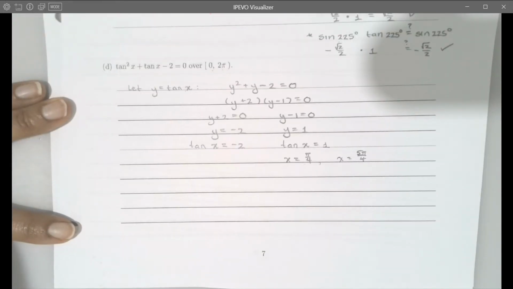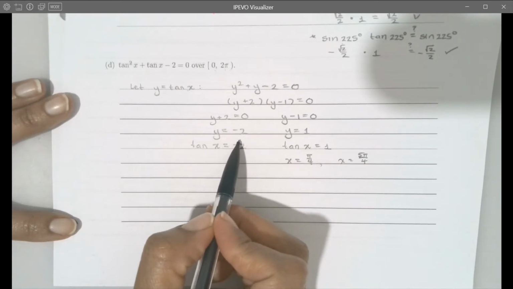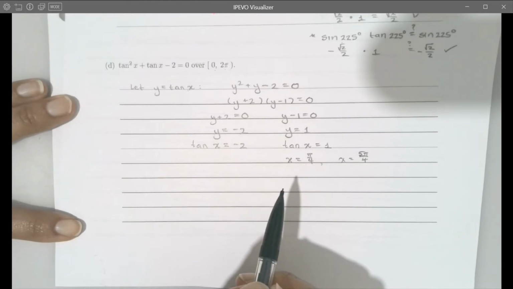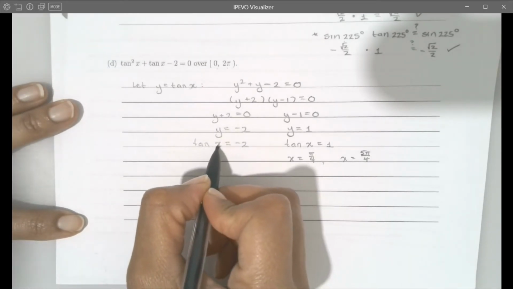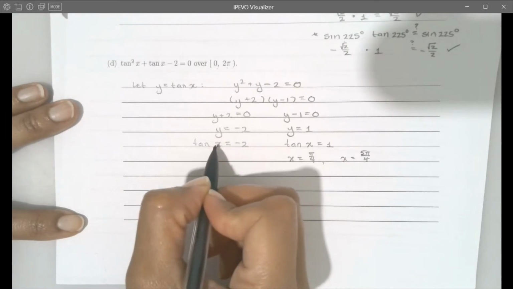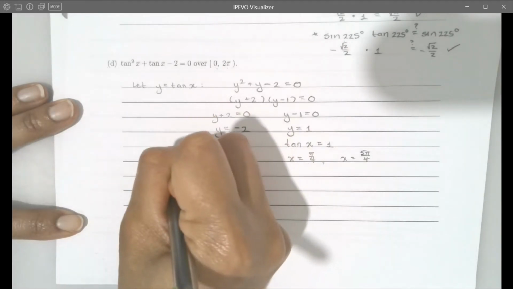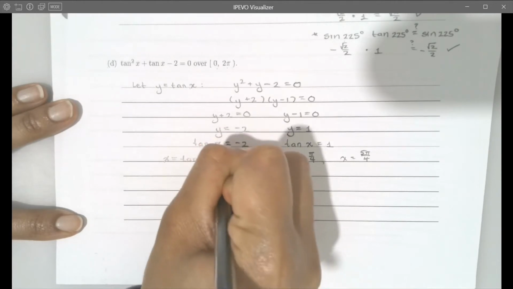Now for tangent x equals -2, that is not a value that we have on the unit circle. So we're going to rely on our calculator to help us find that. Recall that if tangent of an angle equals a value, we're able to find the angle by taking tan inverse of the value. So we're going to get that x is equal to tan inverse of -2.